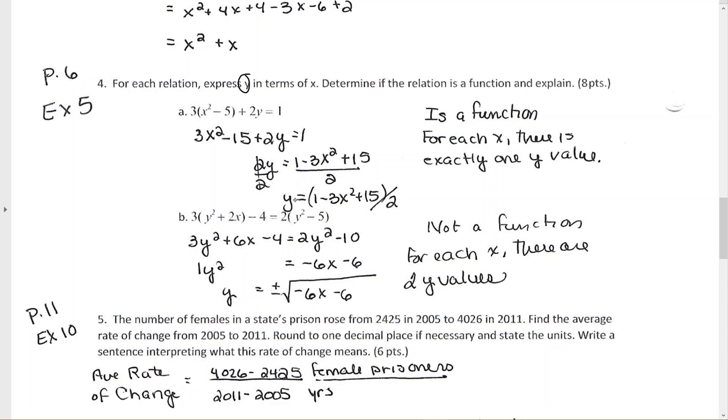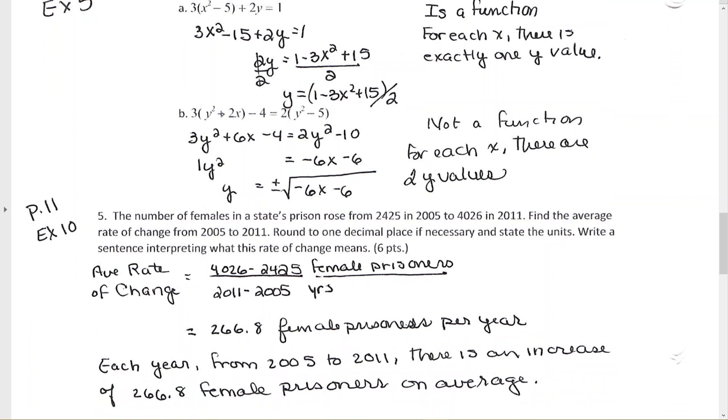So if I can get it as y equals and just have one expression on one side, then it is a function. Because then for each x number that I plug in, I'm only going to get out one y value. However, in letter B, when I simplified that, got rid of the parentheses, got my y on one side, and everybody else on the other.